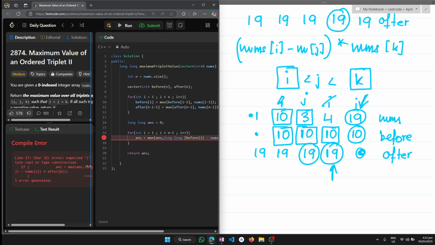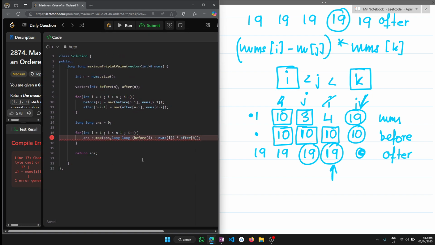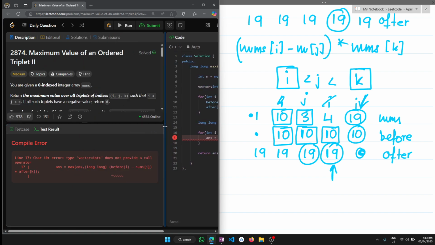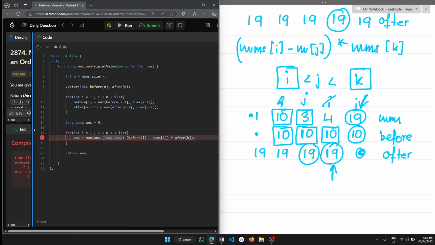No, it does not. Why? Oh, sorry, I forgot to put brackets over here. The compiler says vector of int does not provide a call. What's wrong? Oh, I actually mistakenly used round brackets.